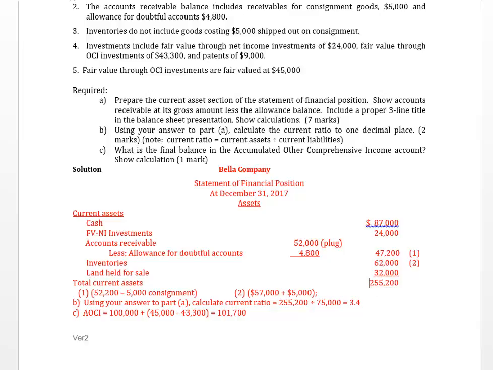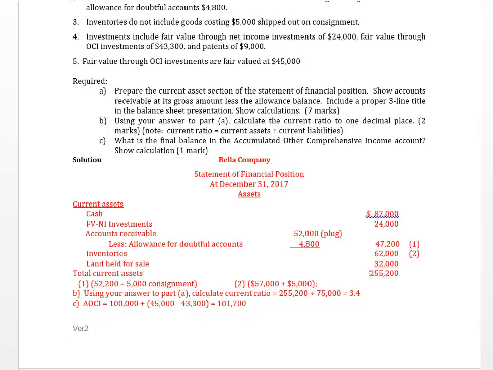So now, to answer our question, what would our current ratio be? Well, if you use those current assets divided by your current liabilities of $75,000 given to you in the question, you would have had 3.4. And the question also asked you to calculate the final balance in AOCI. Now, the AOCI balance, you'll remember, has to include any gains or losses in those fair value through OCI investments.